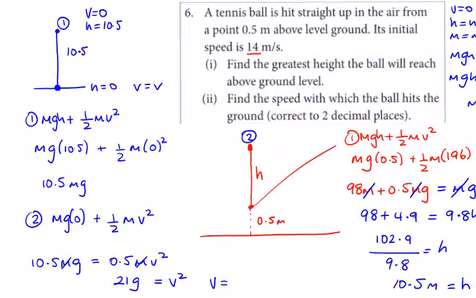So v is equal to the square root of 21g, and that works out to be 14.3457, correct to 2 decimal places, 14.35. And that's velocity, and that's in meters per second.